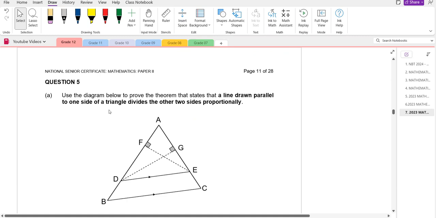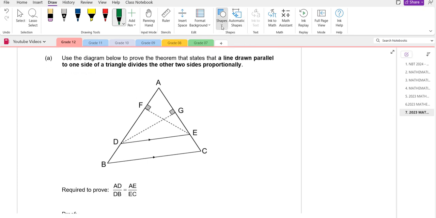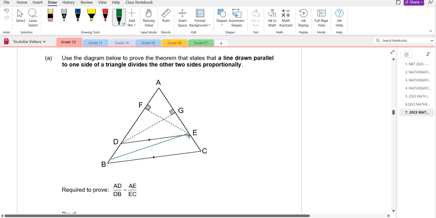Question 5. Use the diagram below to prove the theorem that states that a line drawn parallel to one side of a triangle divides the other two sides proportionally. So there's a line here. It's basically a proof from bookwork. What we need to do is construct the line BE.